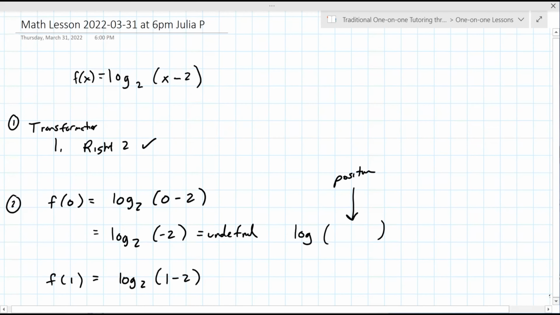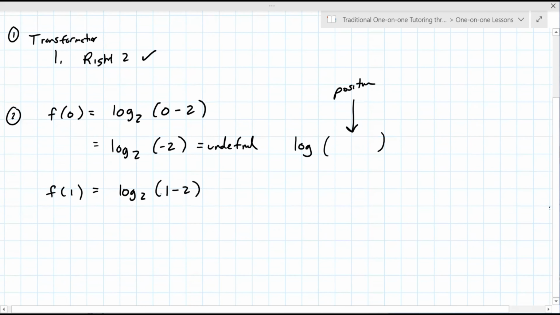For f of 1, this time you're putting 1 in for x, and it's log base 2 of negative 1. Can you evaluate the log of a negative number? No. So this one is also undefined.